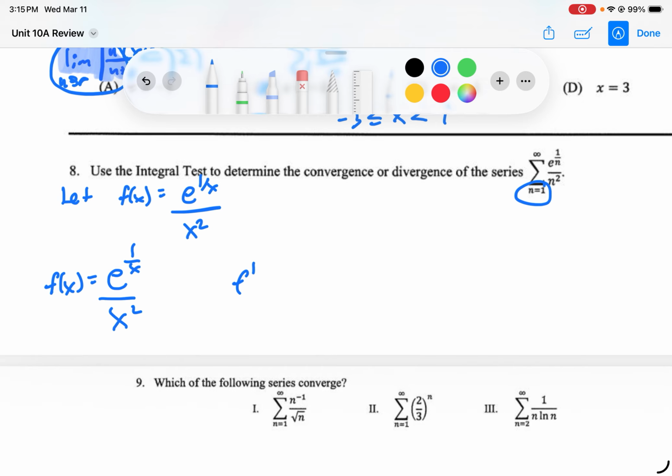Let's find f prime. If the derivative is negative, the function is decreasing. This is a good review for the quotient rule.